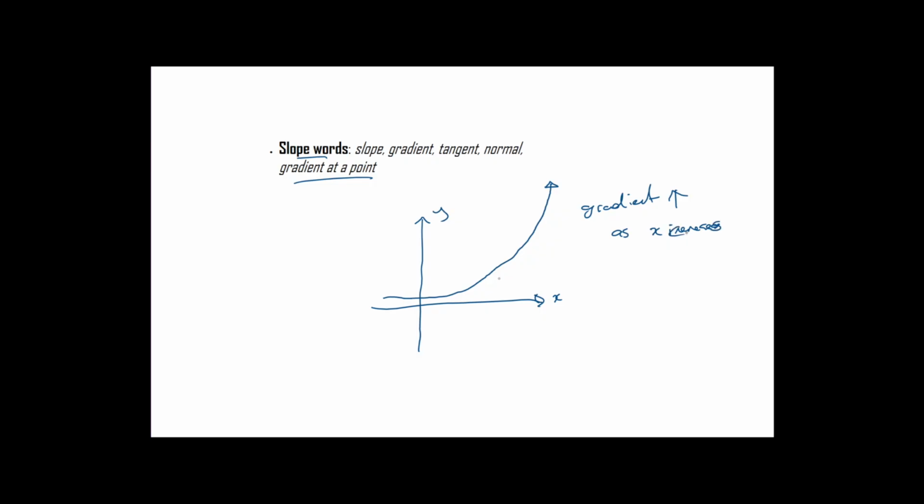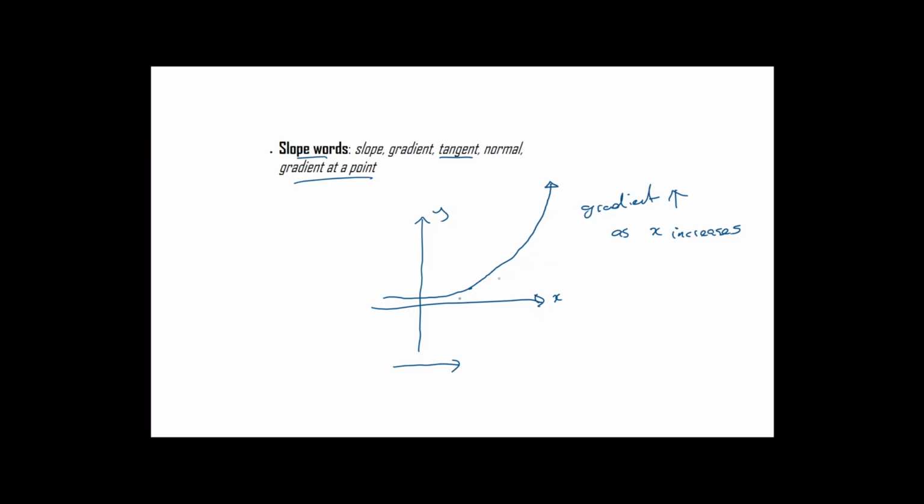Increases. That's terrible. Increases. That's better. You can read that. So as we go from left to right here, this line is getting steeper and steeper. And in fact, a tangent is a straight line at a point.